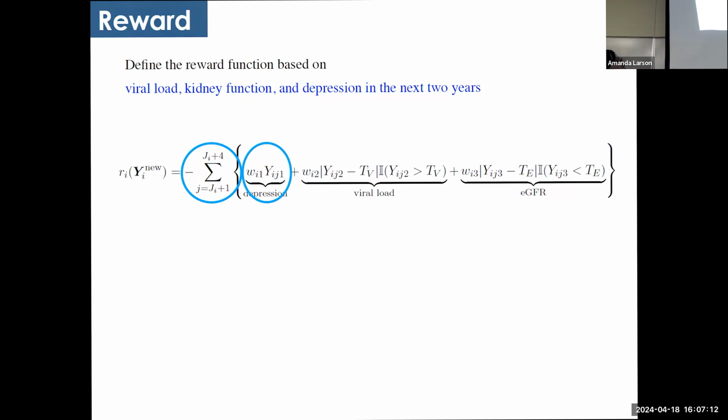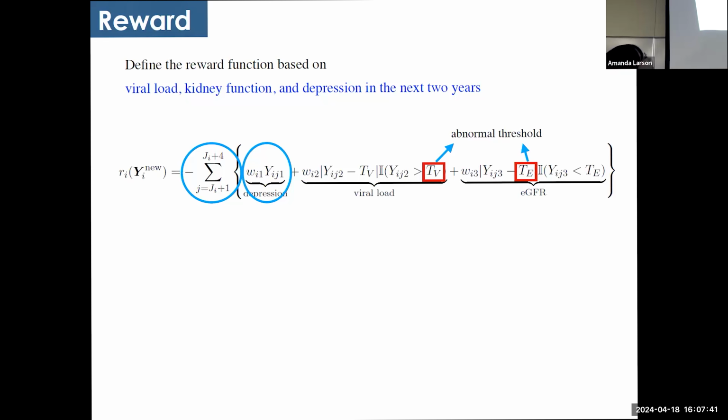And this term is depression. We know the smaller the depression the better, so we just have this weight W times depression part. And for the kidney function and the eGFR, because they have a normal range, we design this reward function so that if they are in the normal range, it's good, so it's 0, because here we use a negative sign. And if they are out of the normal range, then we penalize them.